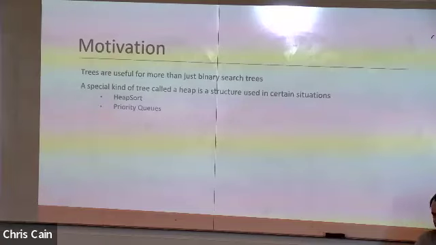The concept of a priority queue is also used as a heap underneath the hood. So a priority queue is just a queue where you can assign a bunch of different tasks an associated priority. So maybe high priority, middle priority, low priority. And then you want to say, get me the next high priority task.